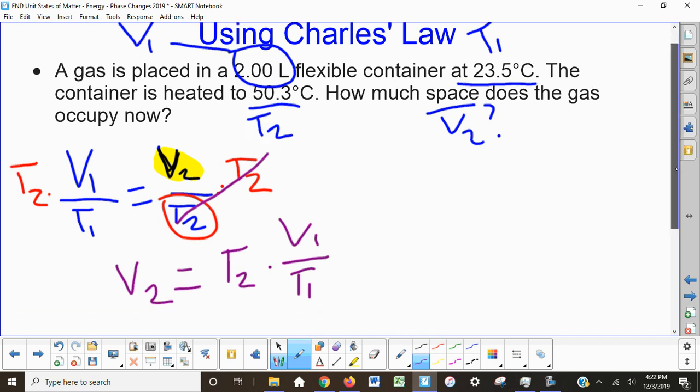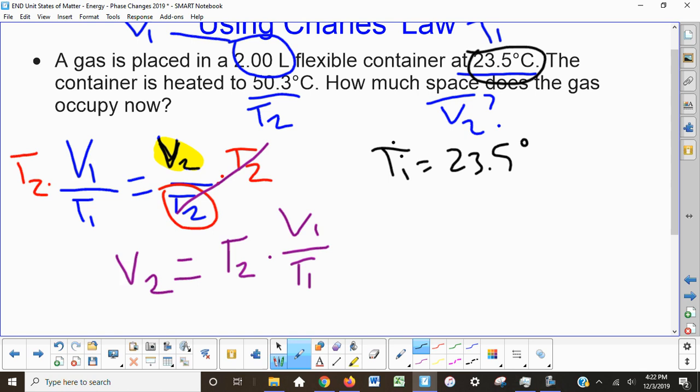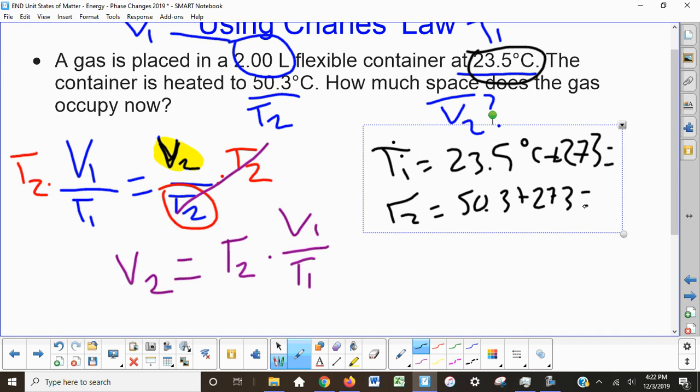And then I can do a number setup. The other thing I need to do here is change my temperatures. As soon as I see them in degrees Celsius, I need to convert them to Kelvin. So for T1, I'm going to add 273 to both of these. It's 23.5 plus 273, and then my T2, the 50.3 plus 273, and get both of those in Kelvin right away.